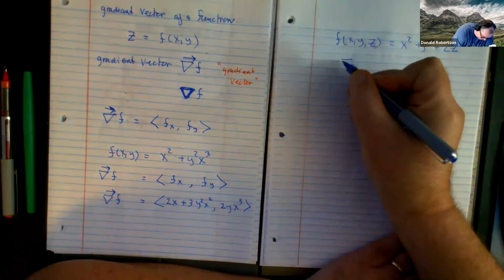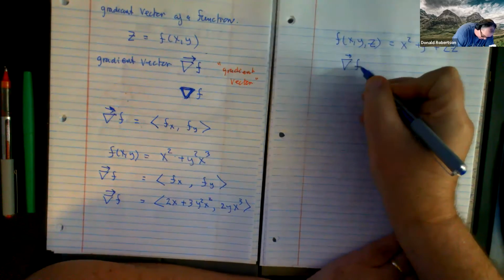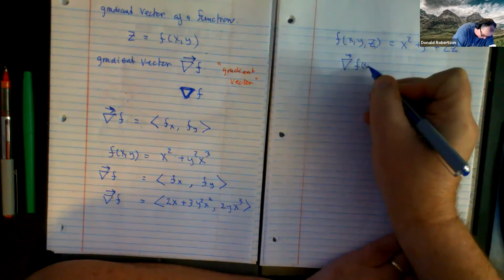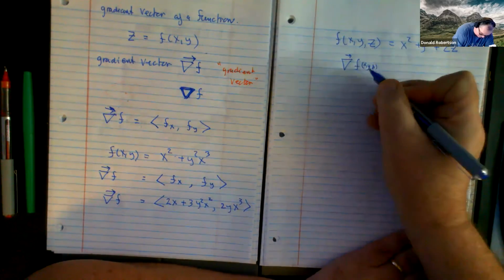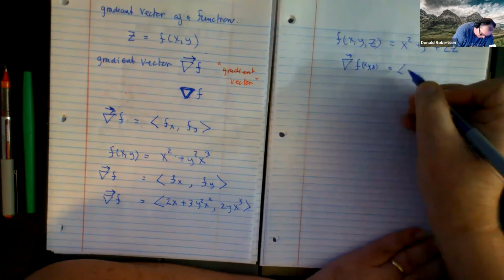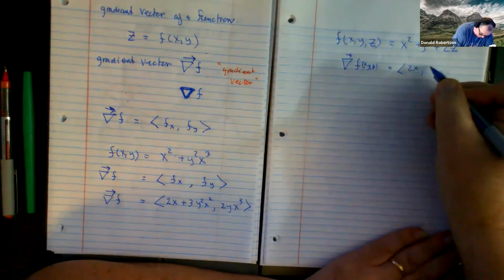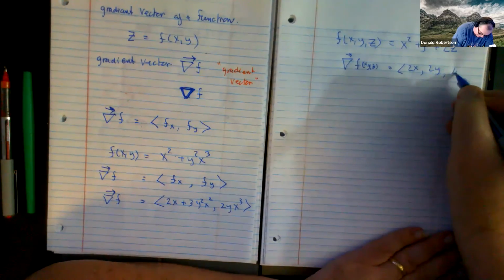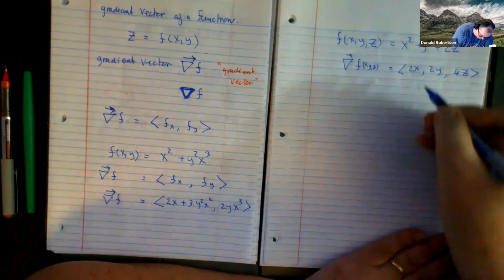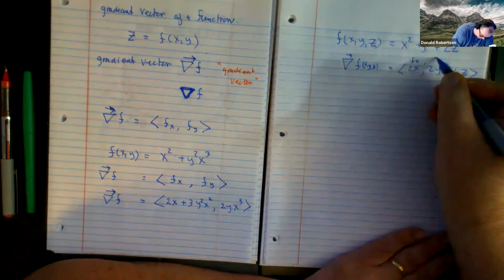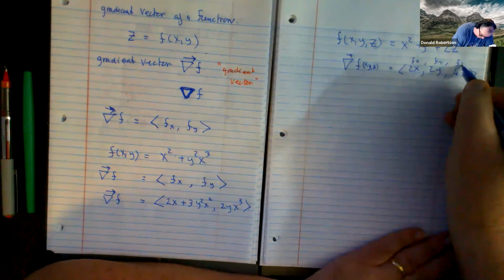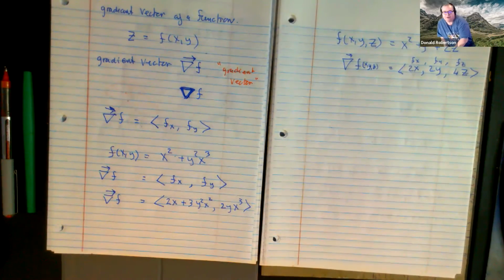In this case, for the gradient function, I don't need to put x, y, z, I guess I'll have to now. Differentiate with x, differentiate with y, differentiate with z. Doesn't that mean now that we can do gradient functions for 20-dimensional space?